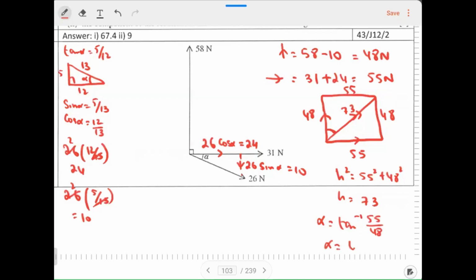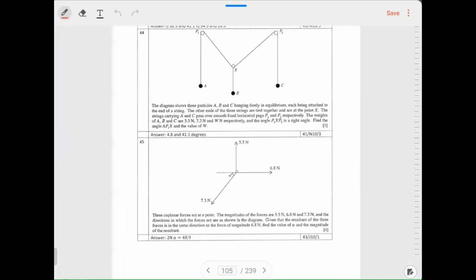In degrees, 48.9 degrees. Since it is bearing, the resultant will be 73 newtons on the bearing 048.9 degrees. Bearing is always in 3 digits. Is this clear?